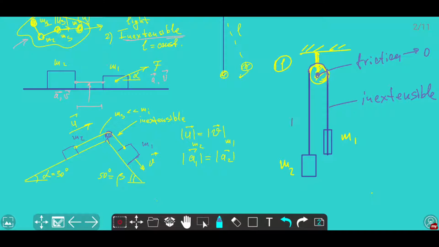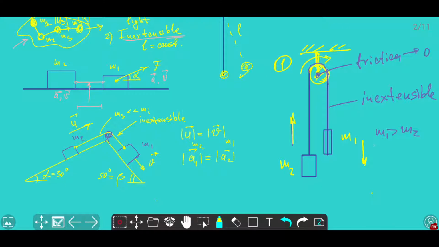However, the direction, again, for example, let's say that M1 is greater than M2. In this case, the whole system after release will go this way, so that your pulley will be rotating in a clockwise direction, right? If M1 is greater than M2.